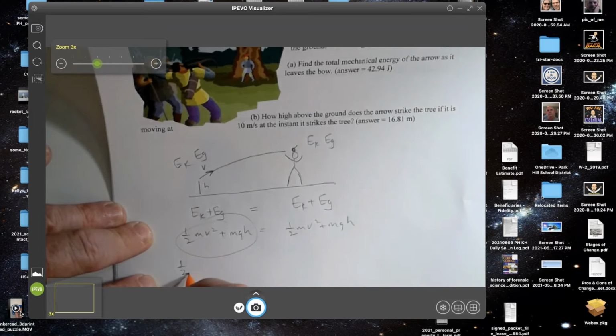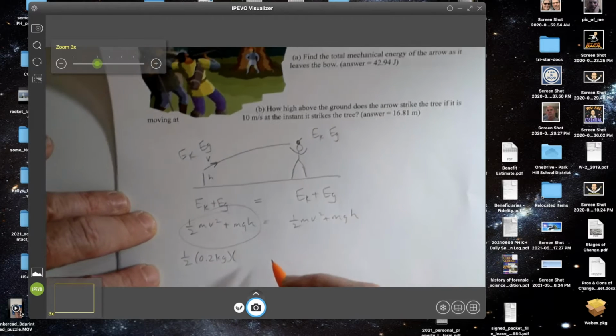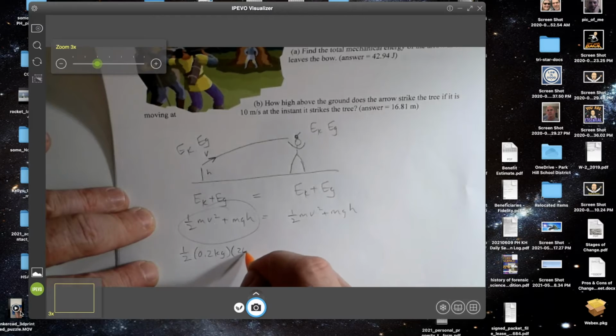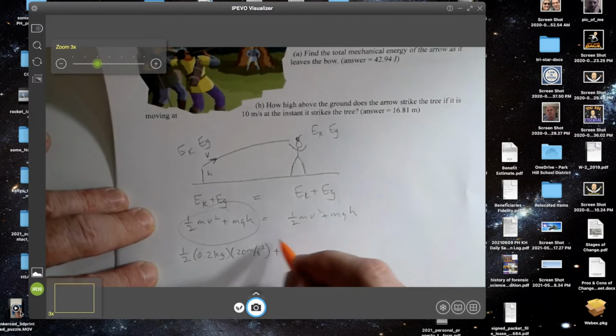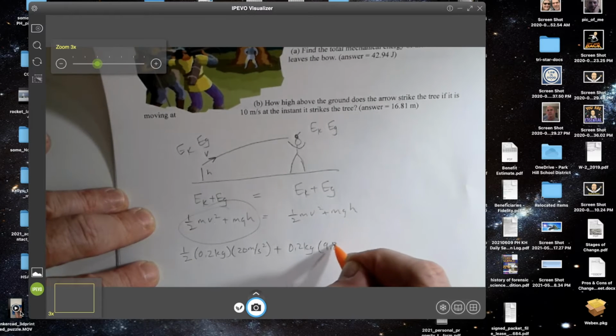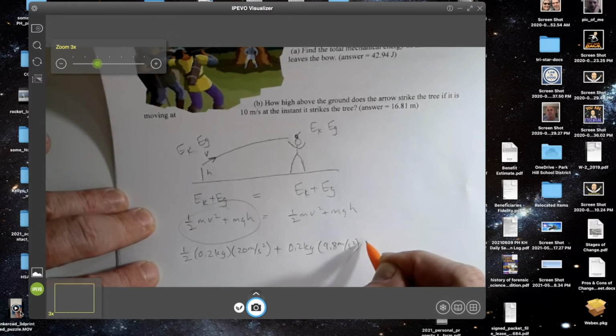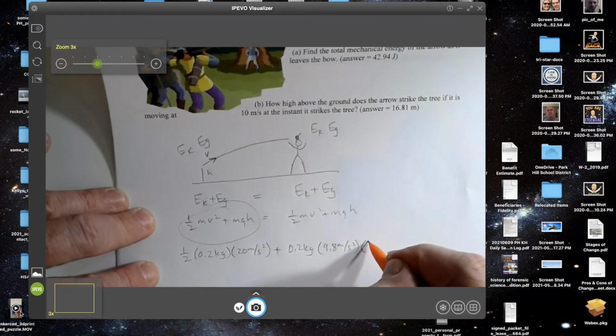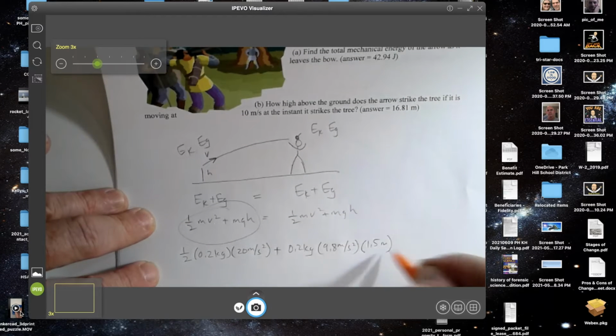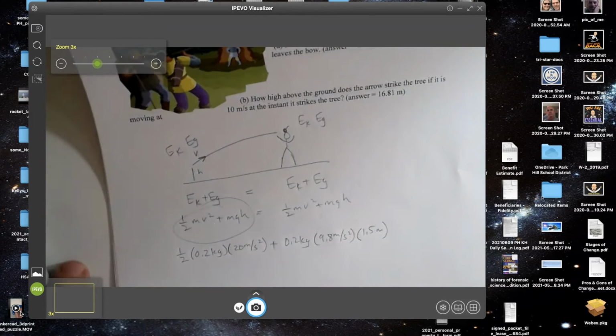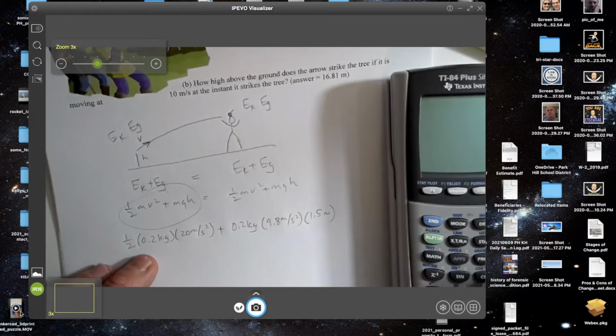So we'd have the mass, that's 0.2 kilos, times that velocity, 20, which we've got to square, plus mgh, 1.5 meters. So that's going to be the mechanical energy. Let's put that in our calculator.